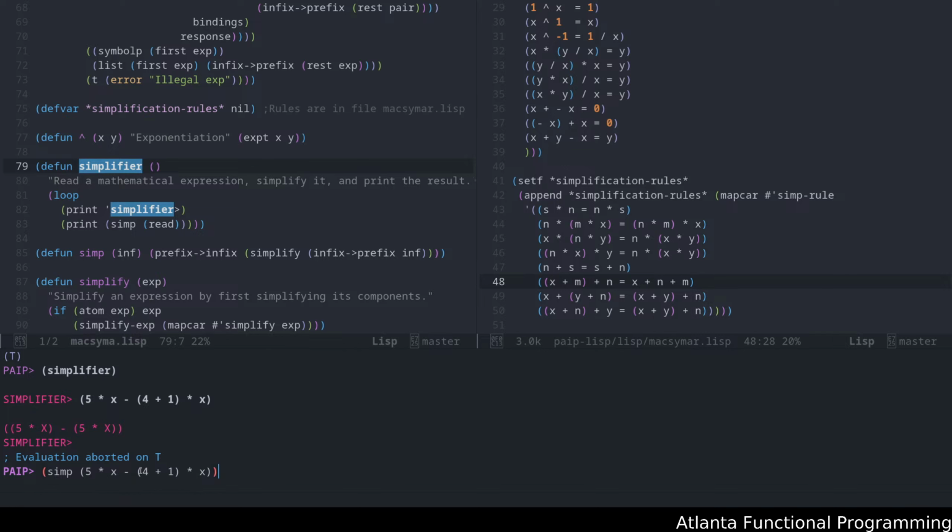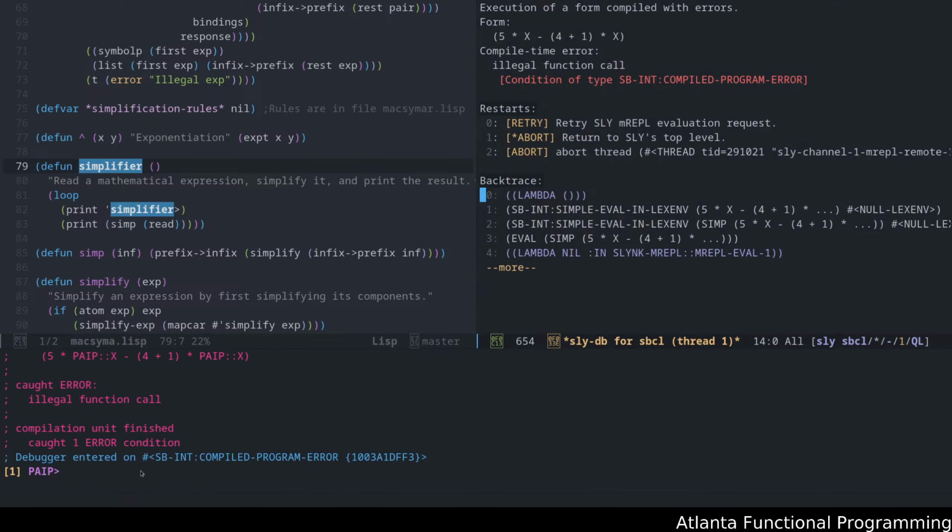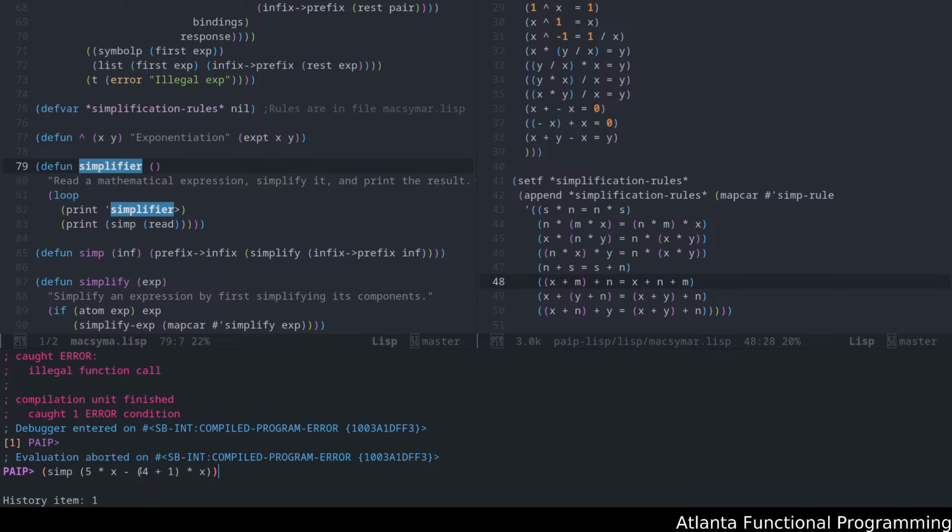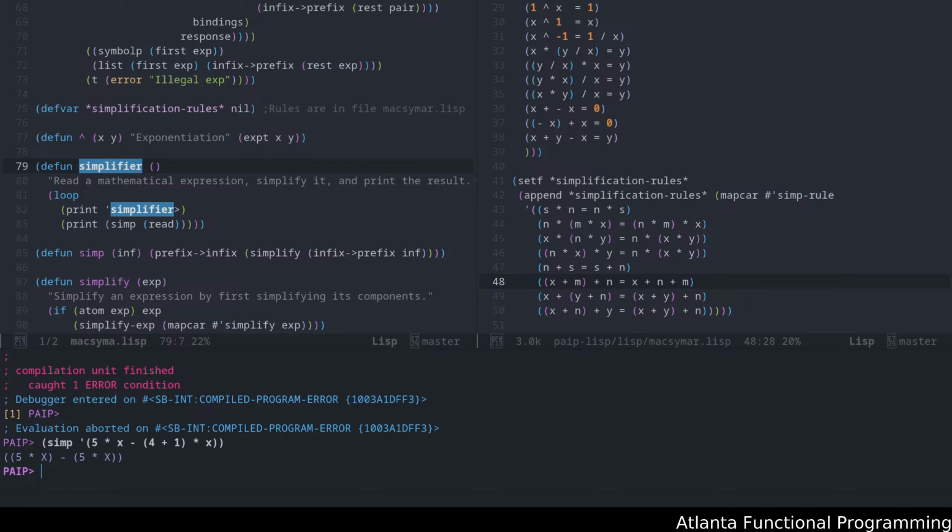Okay, let's see what happens here. Compile with error, illegal function call. Right, because we're in Lisp now, so it's going to have to do this. That's what we needed. Ooh. So simp already minimizes it, because it's simplified while doing it. So we need to go even a step further than that.